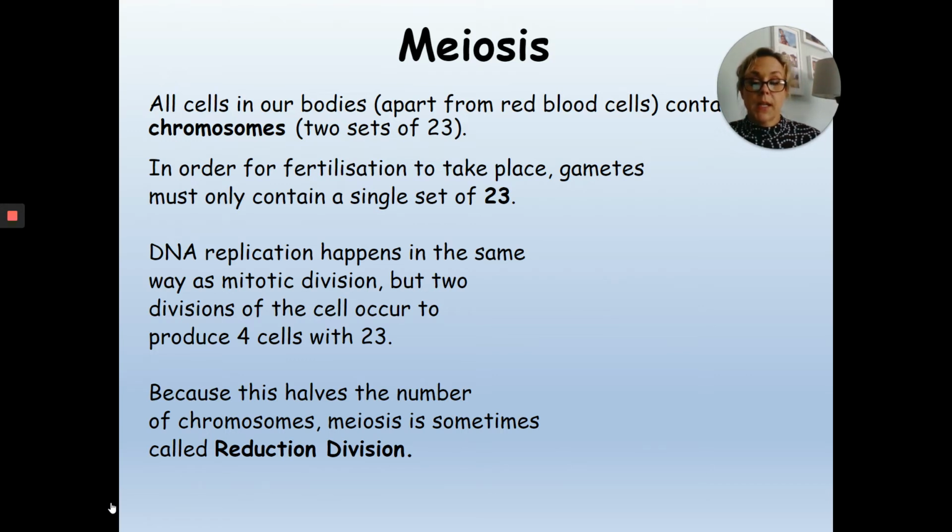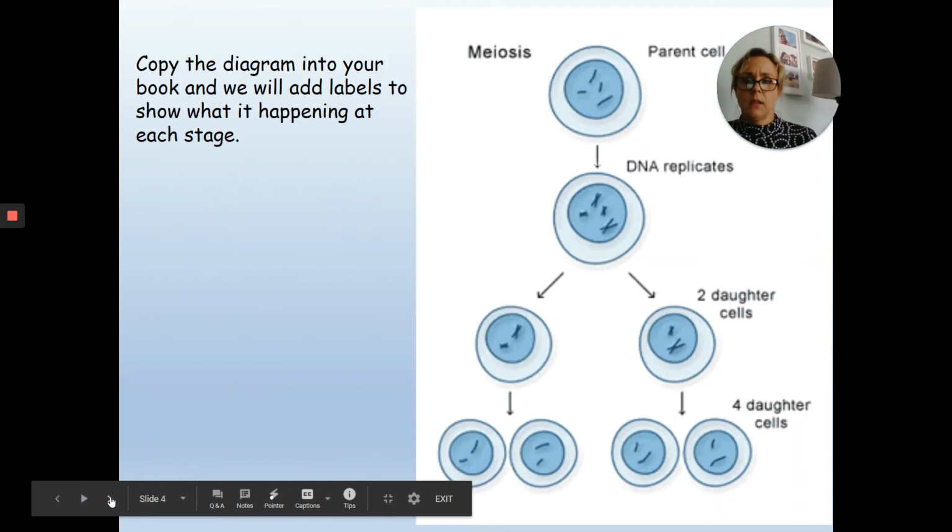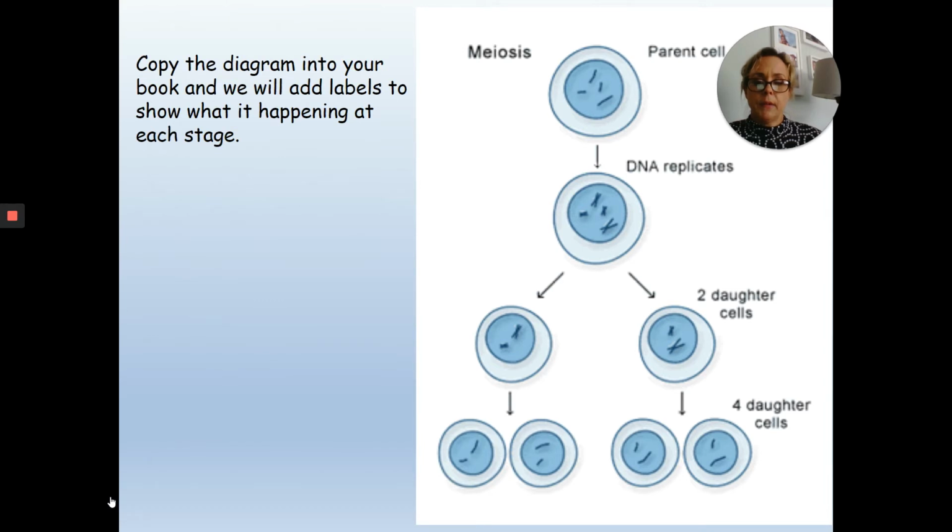So we'll take you through the steps of meiosis, and a diagram is important here to be able to follow. So the next task is to copy the diagram into your book, and then I'm going to go through each of the stages, and then we'll add some notes to this in a moment.